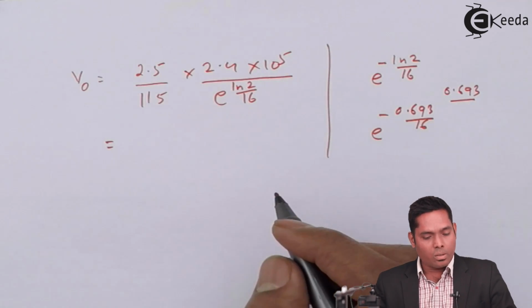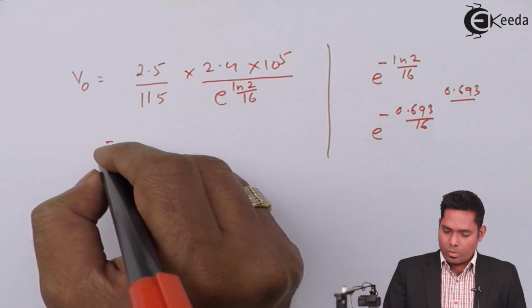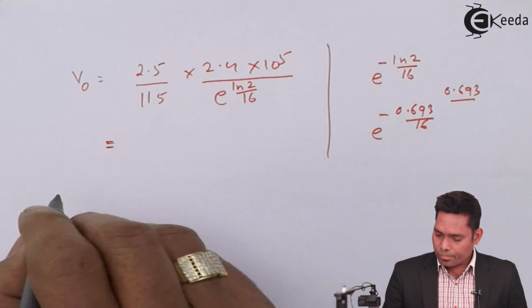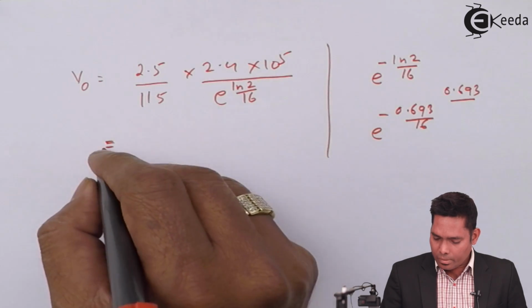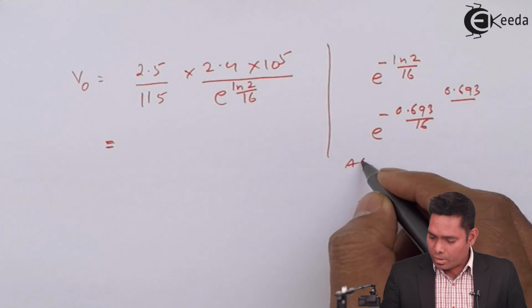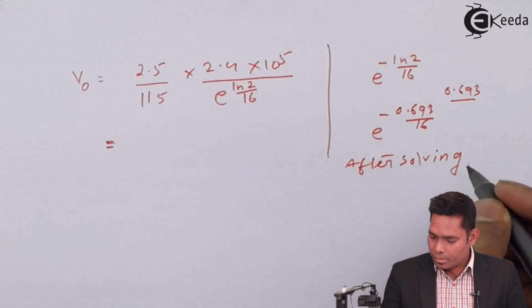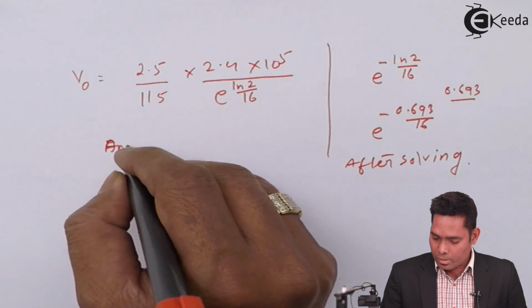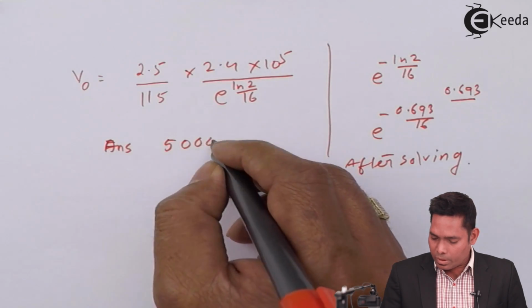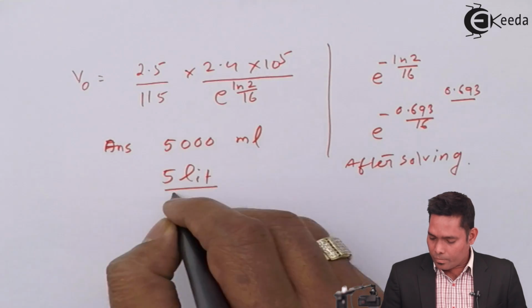We are asked the total volume of blood in the person's body. After solving, you will get the answer as 5000 ml, which is 5 liters.